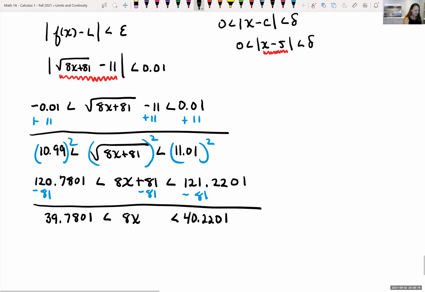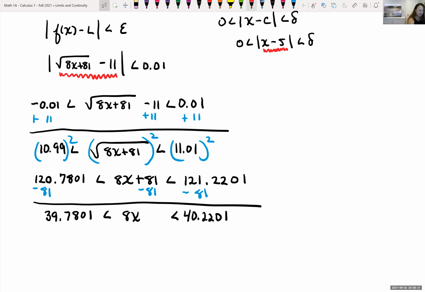Got to get everything by itself, right? Or get rid of that 8 in front of the x. So let's divide everything through by 8. Again, I'm going to start with the number on the far right, because I have that one in my calculator still.